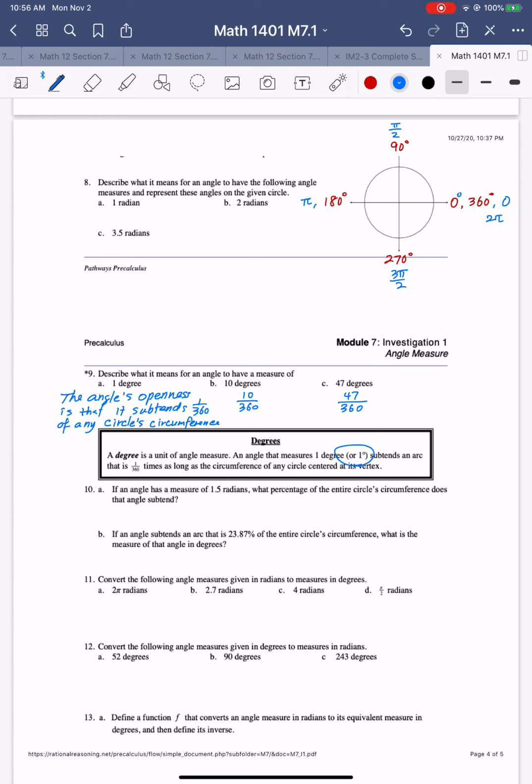So 1.5 radians means 1.5 out of the 2 pi of the whole circle, which is multiplied by 100 to get a percentage.